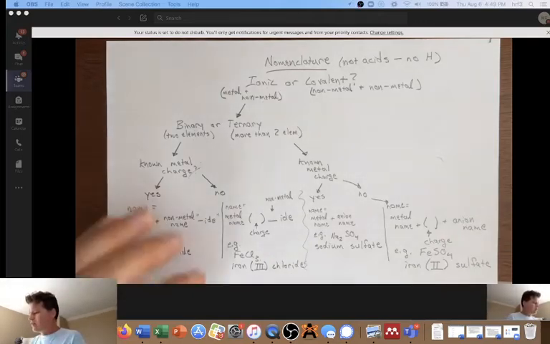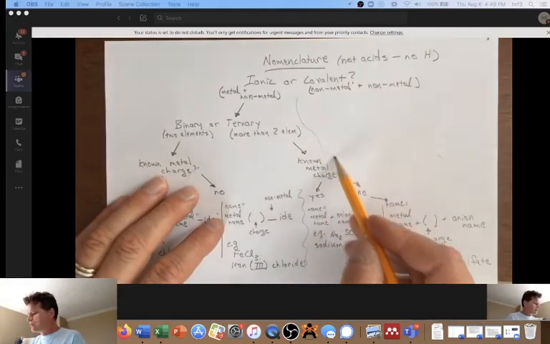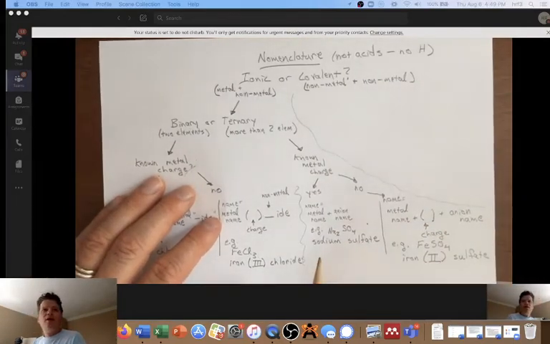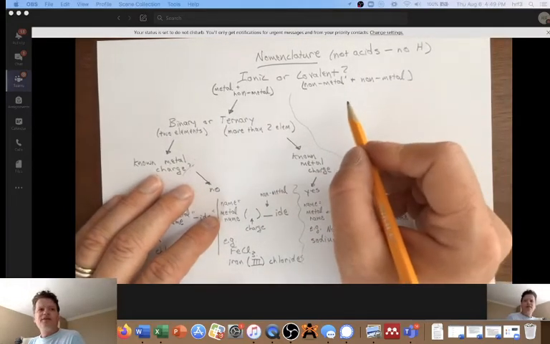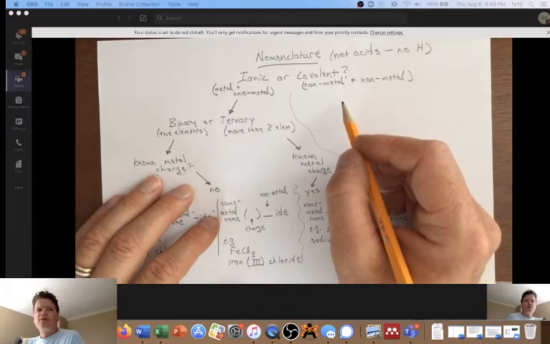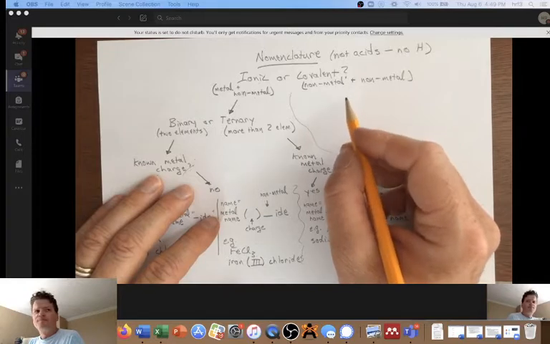Okay, for the covalent non-acids, I've got this little corner of my paper that I'll use for that. For the covalent, what we're going to do is actually a simpler system of naming.